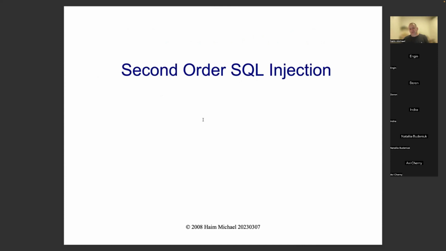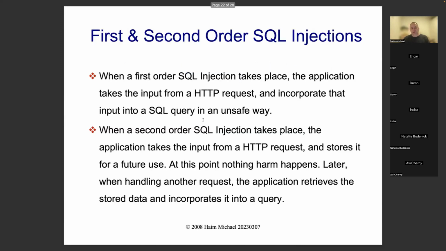A second order SQL injection is when we have an SQL injection where the response doesn't include anything harmful, kind of a blind SQL injection. Afterwards, there is another SQL injection that takes advantage of the data modification that took place following the first blind SQL injection.